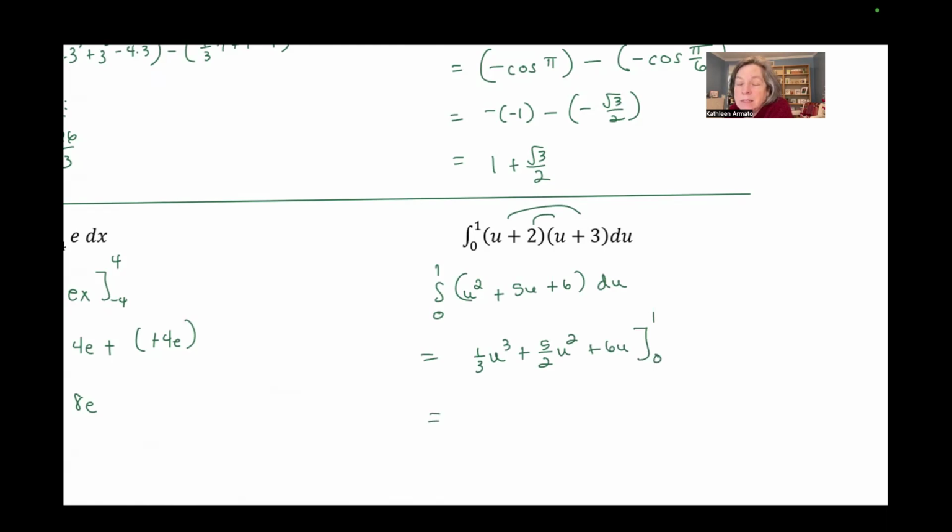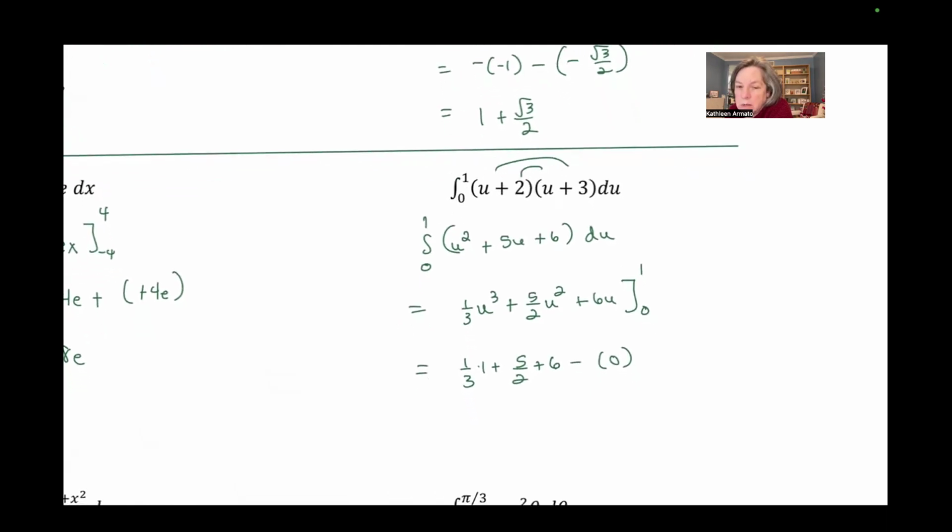I did pick relatively nice numbers. Just plug in 1 and then plug in 0. And of course, that's just going to be a big fat 0.